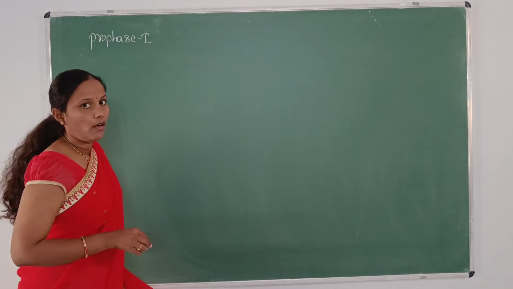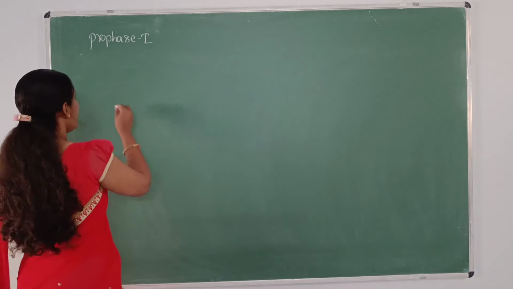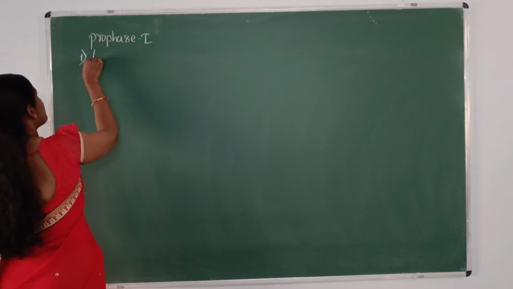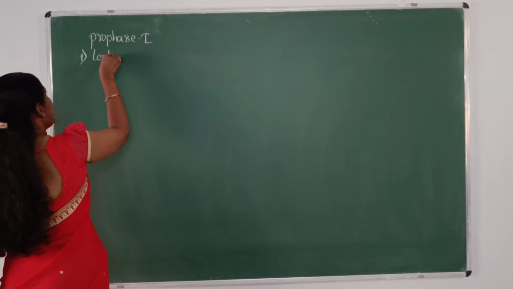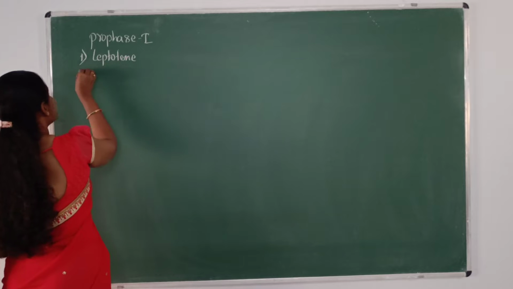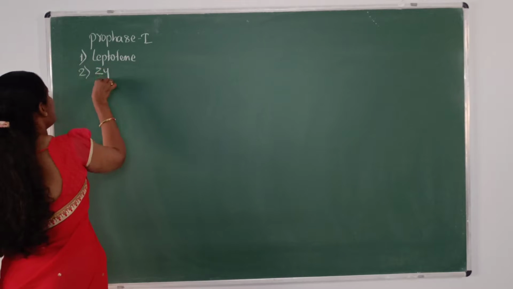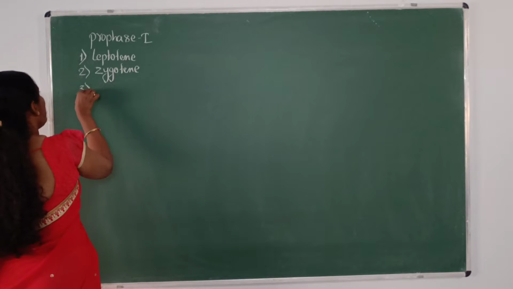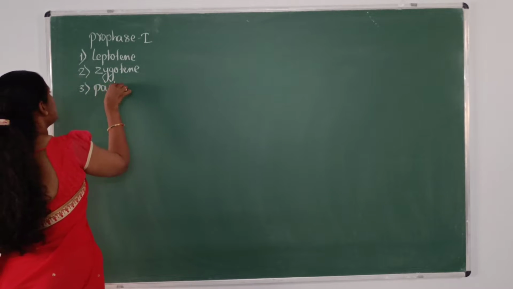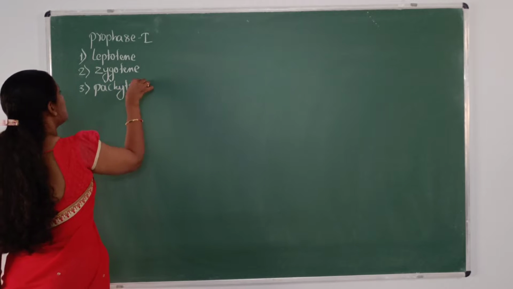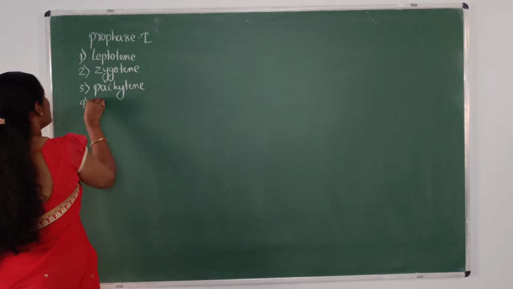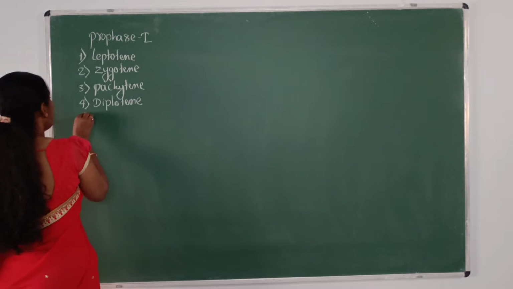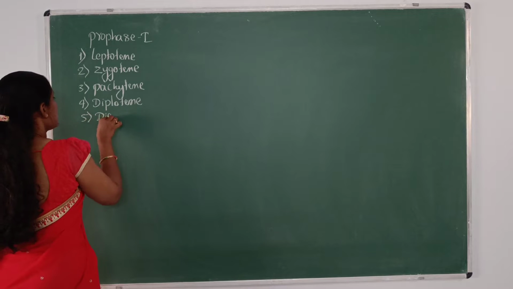Prophase 1 is subdivided into 5 subphases: leptotene, zygotene, pachytene, diplotene, and diakinesis.